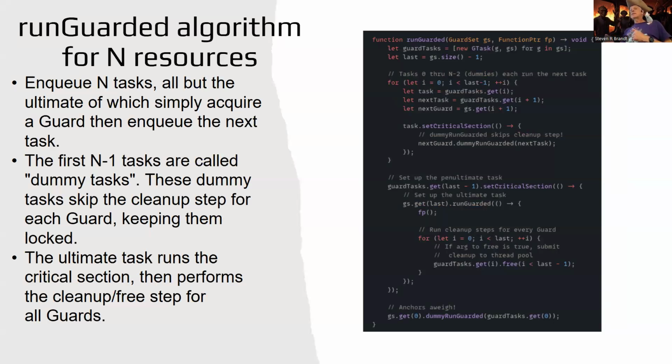The last one is going to run the task, and it's going to do a run and clean up on all the guards in the set. For the first n-1 that it cleans up, if there's a task pending there, instead of running it directly, it's going to throw it into the thread pool. That way you get potential parallelism.